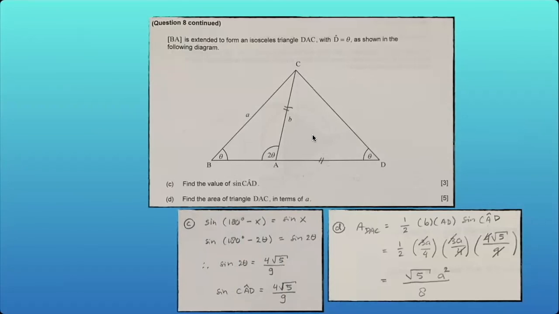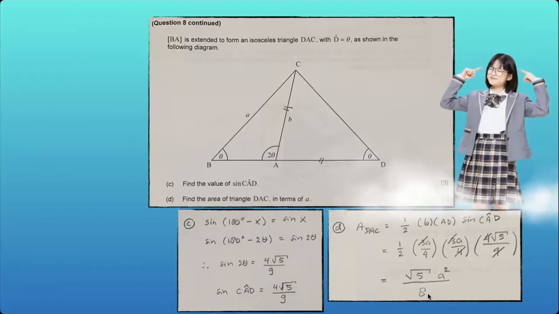This triangle DAC is an isosceles triangle, therefore B is equal to AD, which is also 3A over 4. Sine CAD, we have found in part C, which is 4 root 5 over 9. Simplify this to get that answer. So there you go.